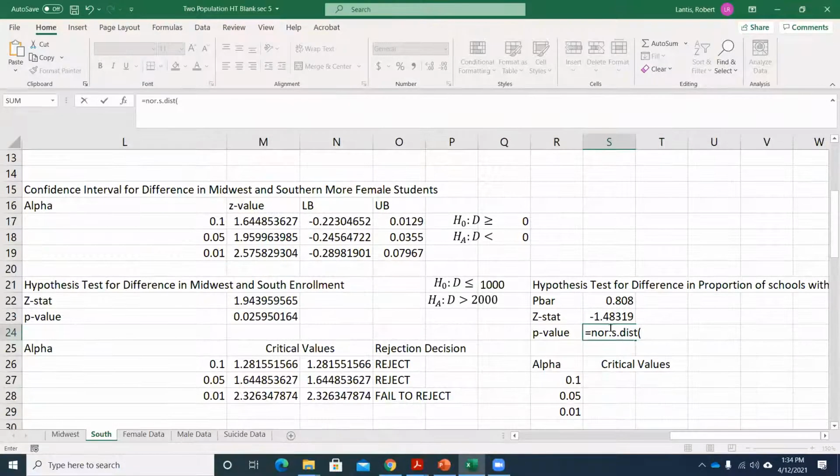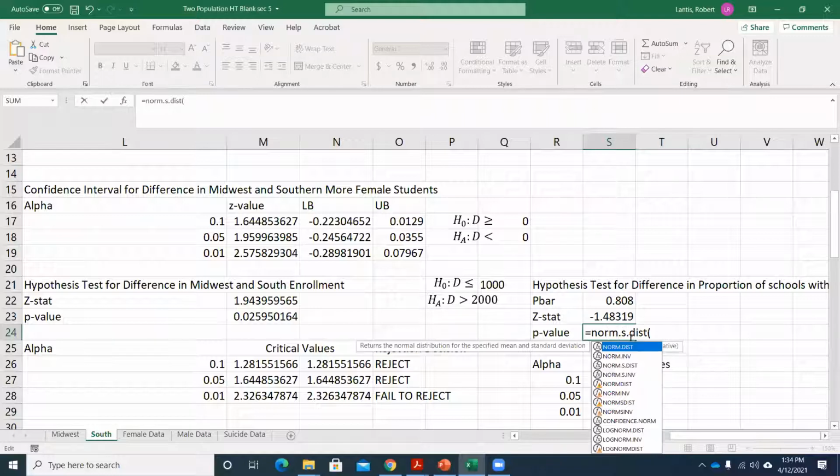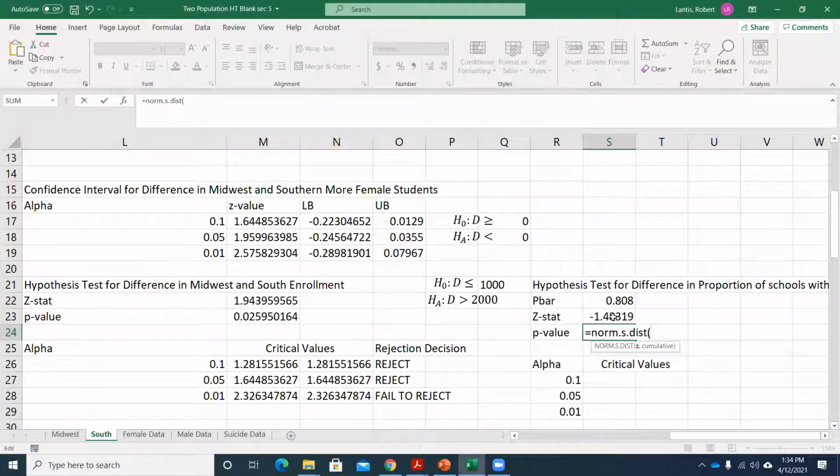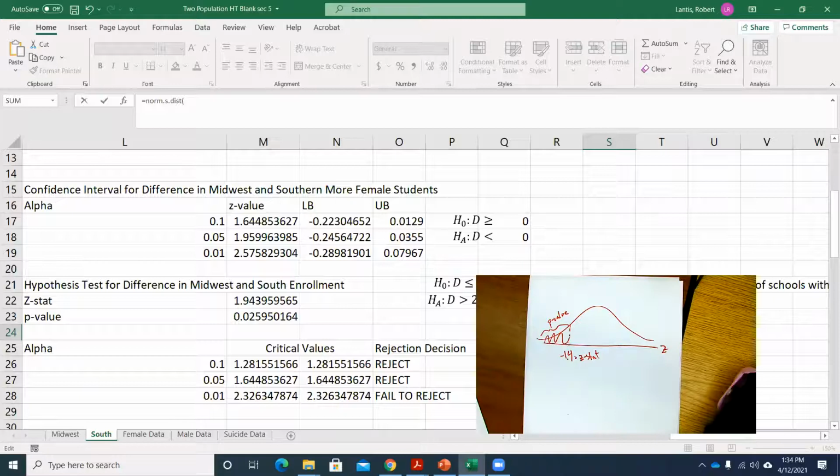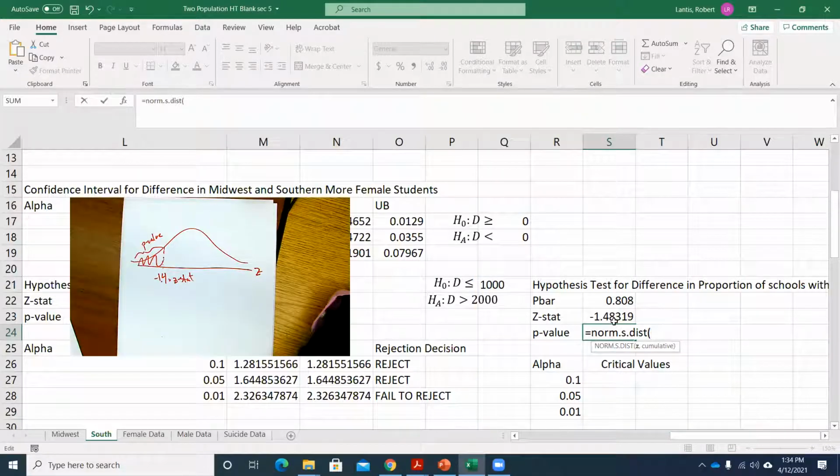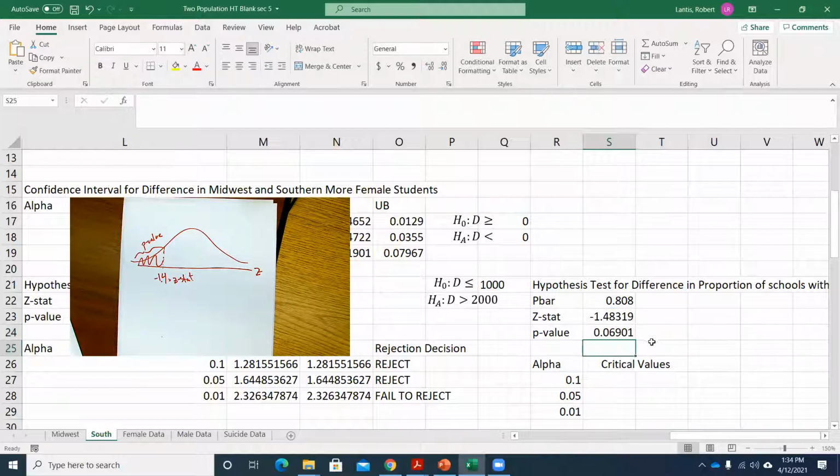I now know the z-value, and I want Excel to tell me the area to the left. So the z-value I have is negative 1.48, comma 1 tells me the area to the left. For a left-tailed test in Excel, I'm done at this point. This should give me the area to the left of my test statistic. So it's about 0.07.